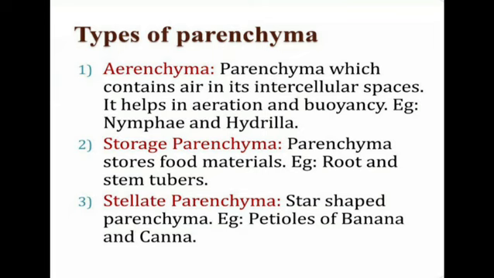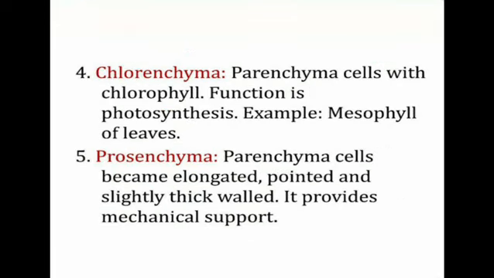Example, petioles of banana and canna. 4. Chlorenchyma. Parenchyma cells with chlorophyll. Function is photosynthesis. Example, mesophyll of leaves. 5. Prosenchyma. Parenchyma cells become elongated, pointed and slightly thickened walled. It provides mechanical support.